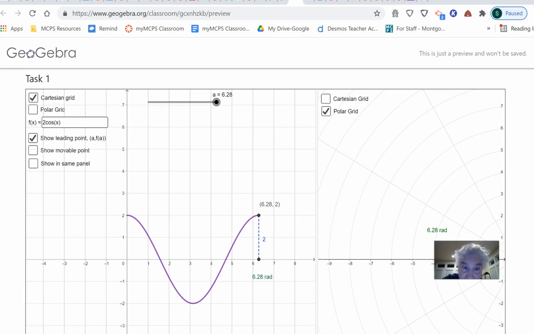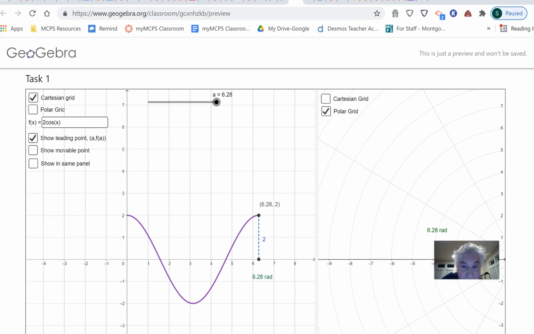It's not the parent curve because the amplitude is 2. How do I know? In the equation, 2 is the coefficient. And also when I look at my Cartesian graph, my maximum is 2, my minimum is -2. The midline is still y equals 0 because I'm not adding or subtracting anything to cosine x. We will add or subtract numbers later.